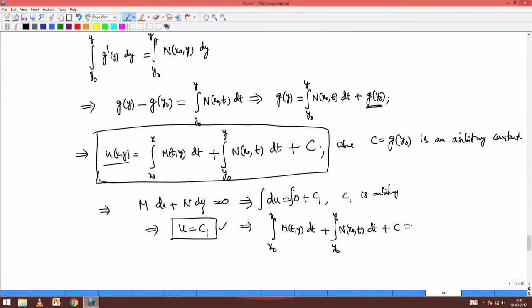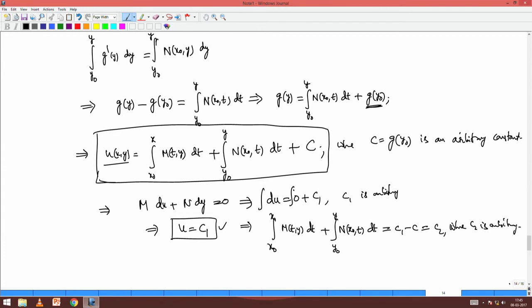So, what you have is c equal to c1. This I can bring this c to the other side. So, both are arbitrary constants, together is also an arbitrary constant. Finally I can write C2, which is actually C1 minus C, which is equal to C2, where C2 is an arbitrary constant.